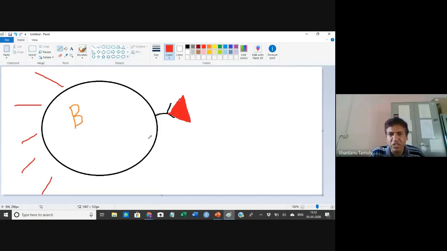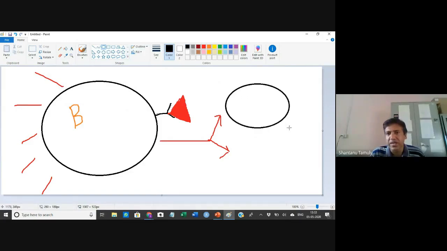Upon activation, this B cell will proliferate into mature B cells. Proliferation means, if you have studied immunology, after activation, this B cell differentiates into two types of cell.